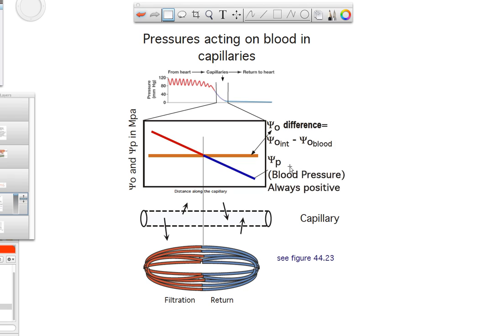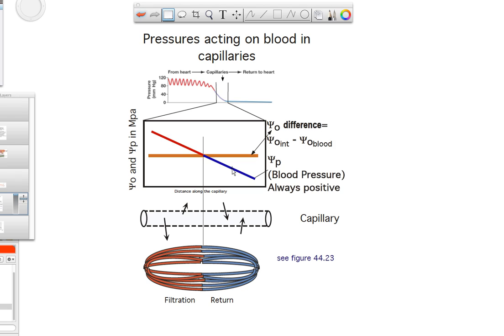It has something to do with the nature of the proteins that provide the osmoticum, the solute that's in the blood, having an osmotic potential buffering capacity. But suffice it to say that this relationship doesn't change. That is the relationship of osmotic potential in the blood to the osmotic potential in the interstitial fluid.